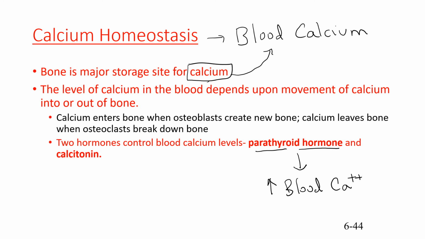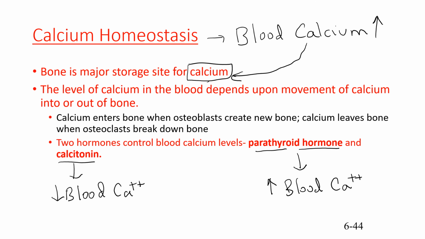Conversely, if blood calcium levels increase past homeostatic levels, calcitonin is the hormone that lowers blood calcium. Calcitonin will cause the movement of blood calcium from blood into bones, thus creating homeostasis levels of blood calcium.